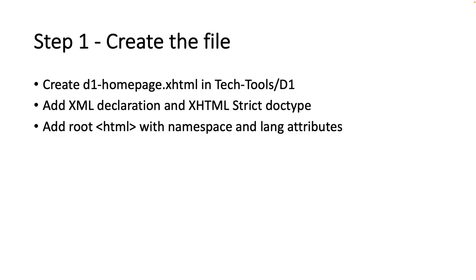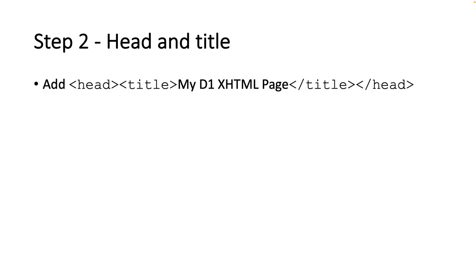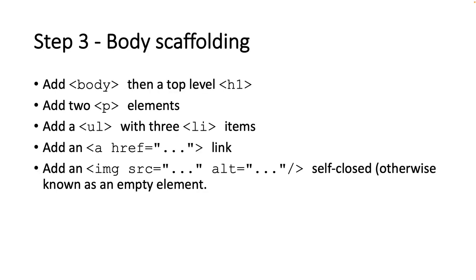You'll create a file, d1-homepage.xhtml, in your D1 directory. You'll add the XML declaration and the XHTML strict doctype declaration. You'll add your root element with namespace and language. Then you'll add your head and title. Then you'll terminate title, terminate head, and then you'll do, I love this word, body scaffolding.